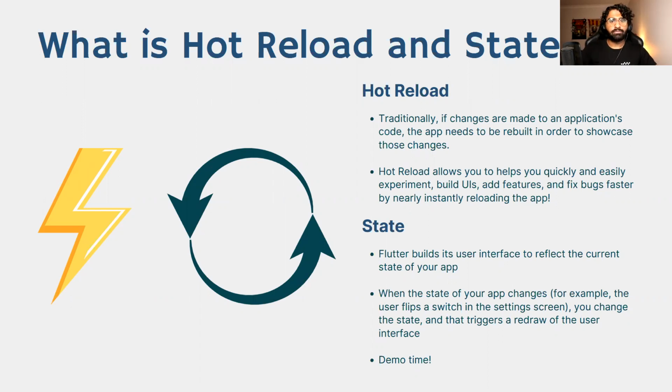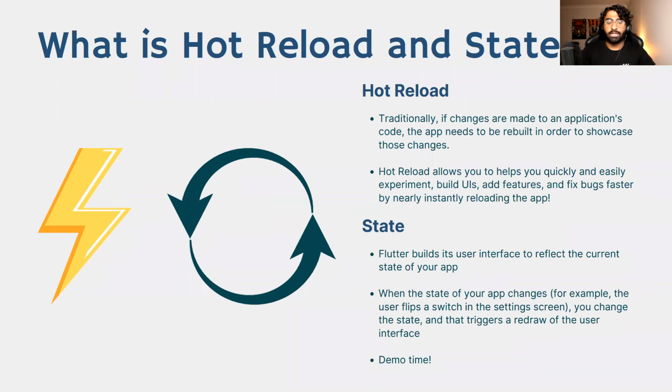But what happens if we have a button on the screen that increments that same counter? Do we have to relaunch the application for that counter to change? And that's essentially what state is. It associates a user interface element with the model, the data side.